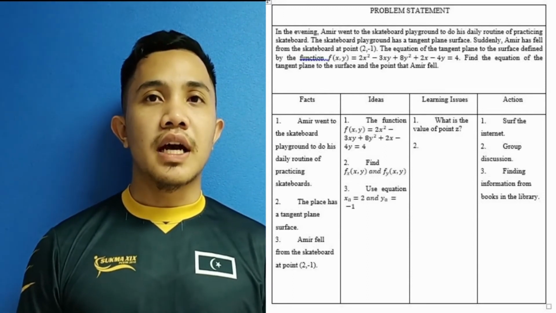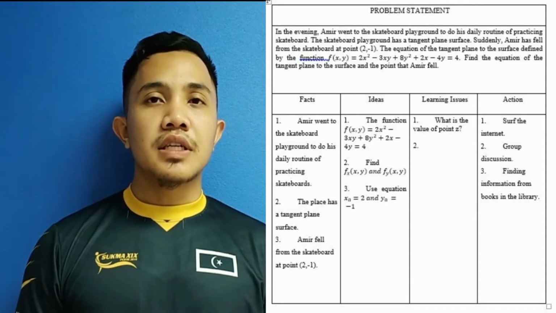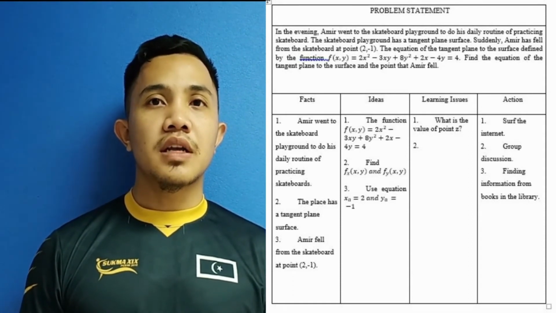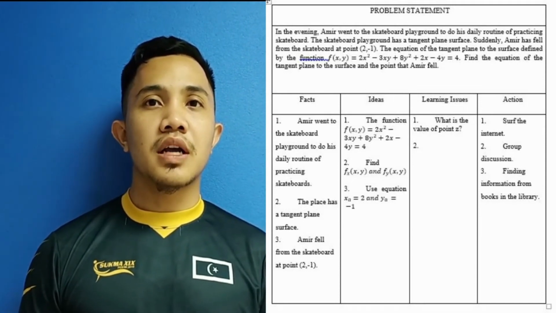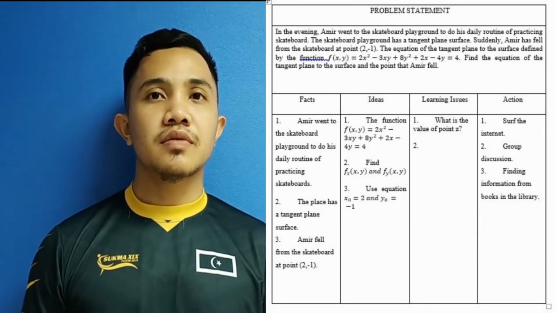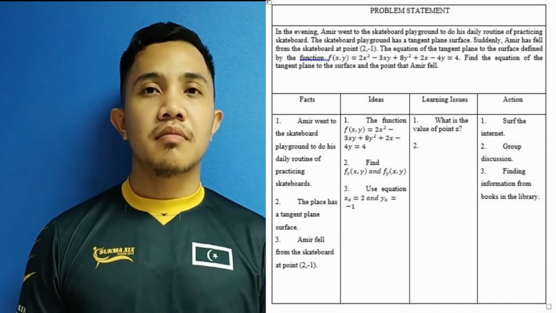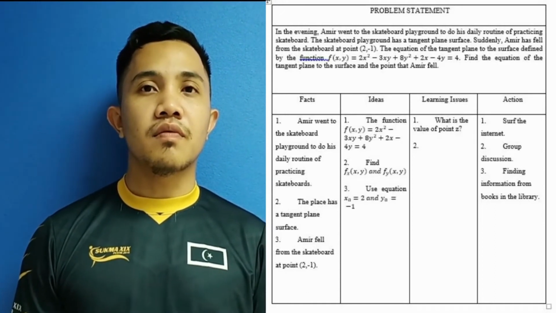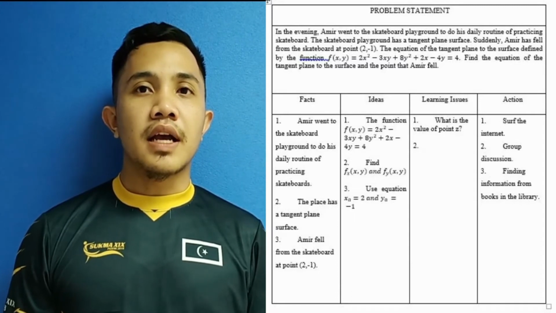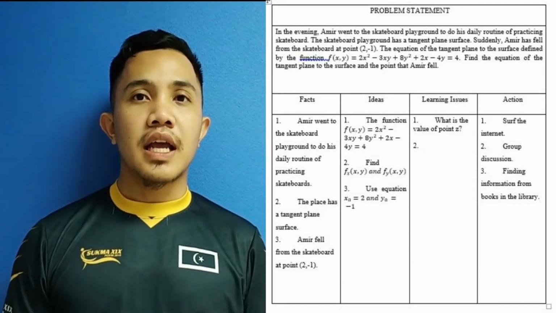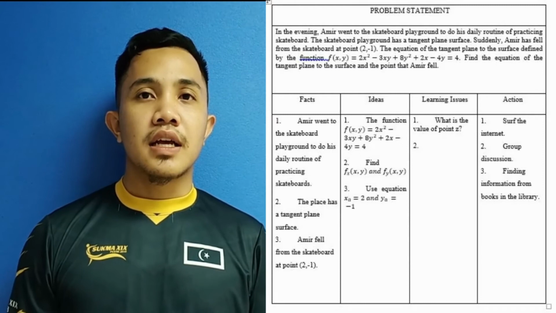For the ideas: first, the function f(x, y) equals 2x squared minus 3xy plus 8y squared plus 2x minus 4y equals 4. Second, find f_x(x, y) and f_y(x, y).